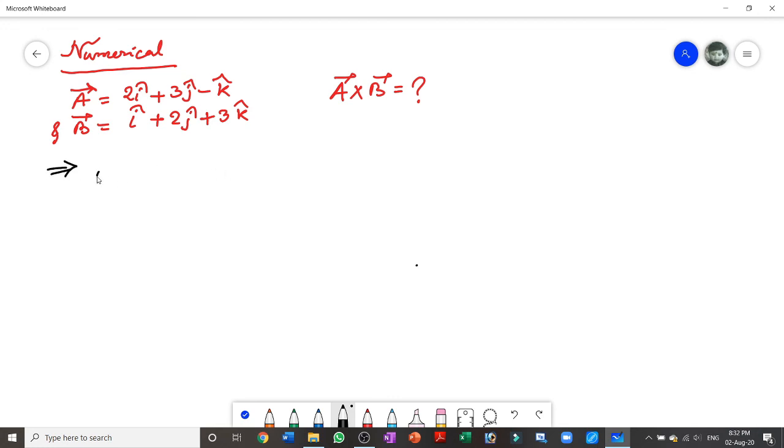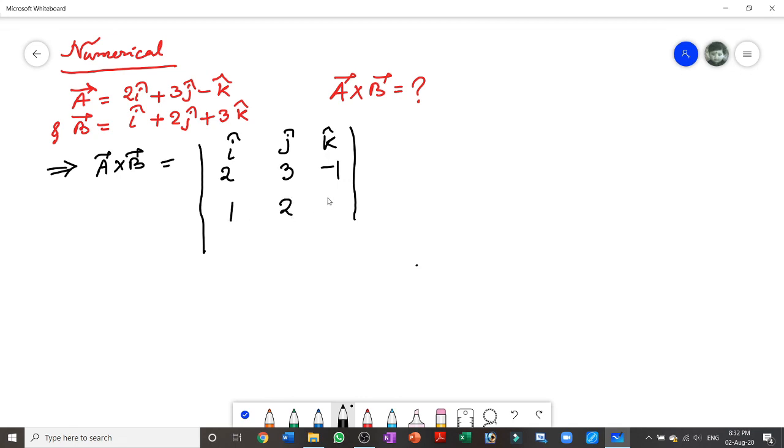So a cross b is equal to, write it in this way: i cap, j cap, k cap. Put the values 2, 3 and minus 1 for a, and 1, 2 and 3 for b. So we will have i cap into 3 into 3 minus 2 into minus 1.